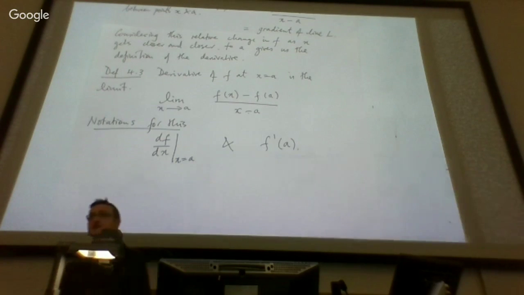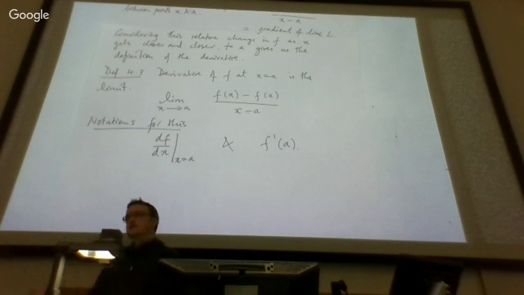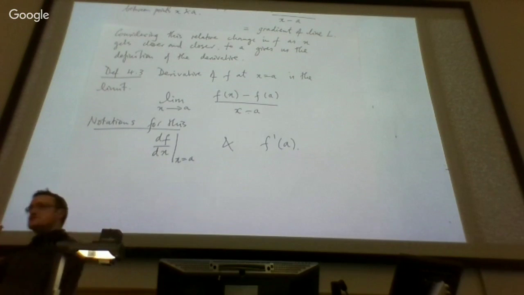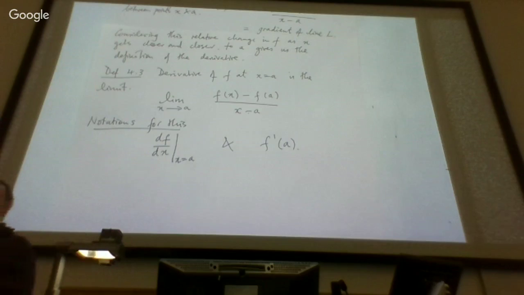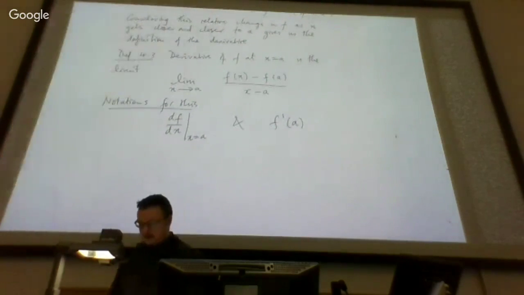Okay, so these are two different notations for the derivative, and different authors have different preferences, and in different subject disciplines there might be slightly different traditions or conventions about which notation is preferred, but they're both equally valid.